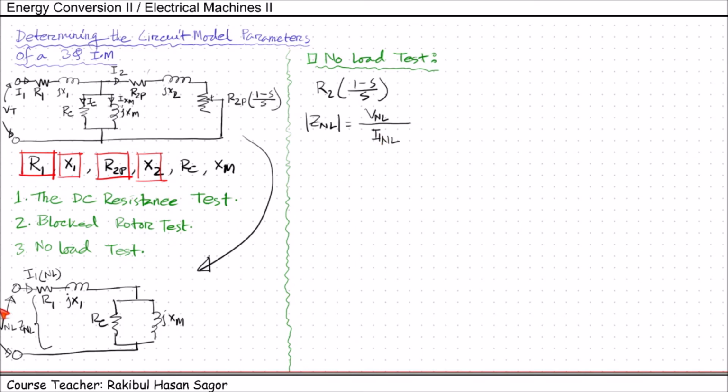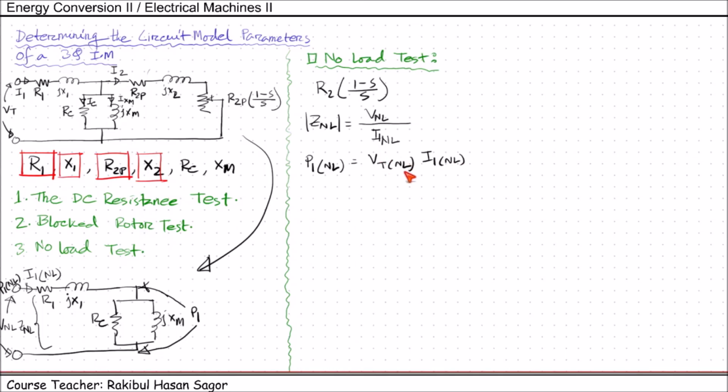Now let us consider the input power under no load condition is P1 NL, the power consumed at this terminal. So we can write P1 under no load condition equal to V terminal under no load condition times I1 under no load condition.